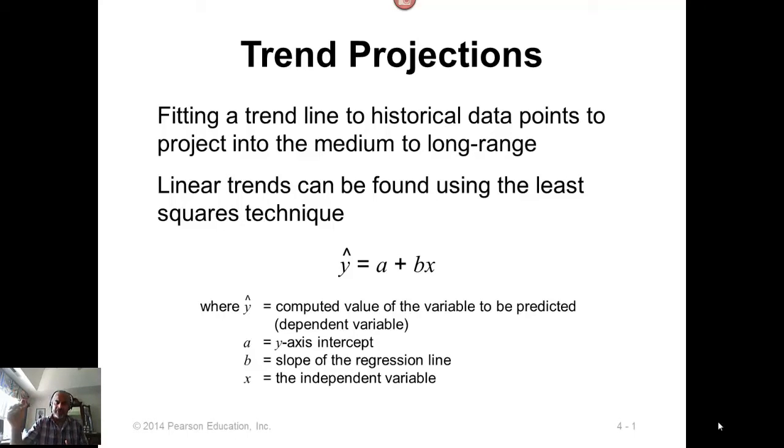So the first time period t will be equal to 1, the second one t will be equal to 2, and so on.